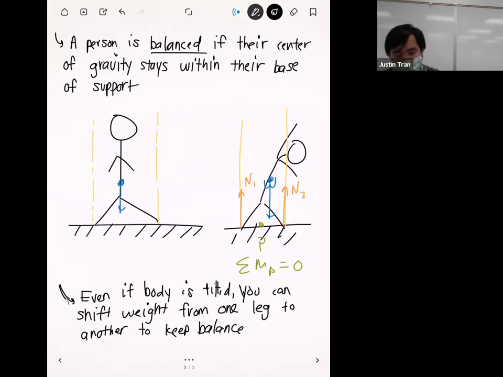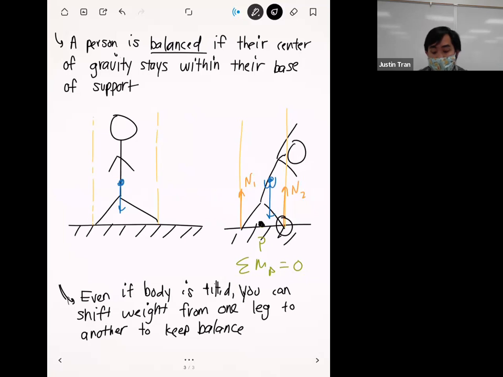And so if you shift over to the side like this, N2 would probably grow in magnitude because you're shifting more of your weight towards that foot on this side, right? And because N2 is growing in magnitude, it can provide an opposing torque. Because if we take some of the moments around P, W and N2 are creating torques in opposite directions.